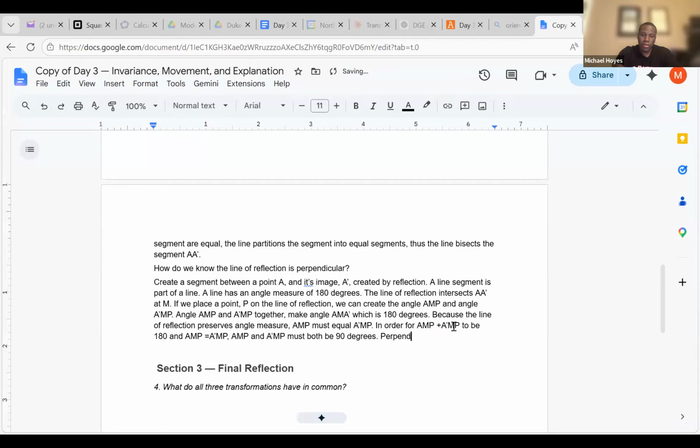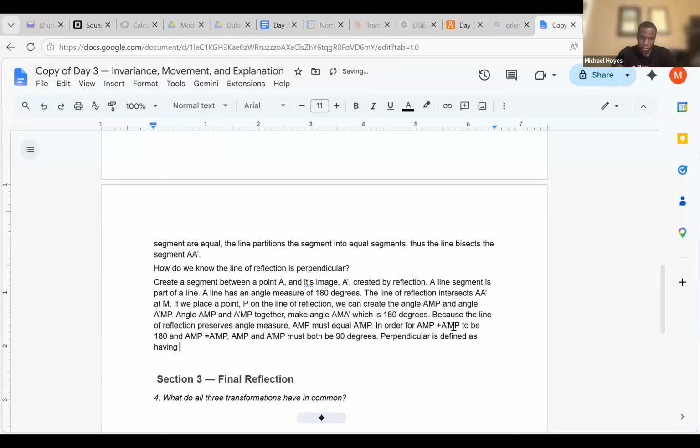Perpendicular finally has a 90-degree angle. Therefore, the line of reflection is perpendicular to segment A A prime.